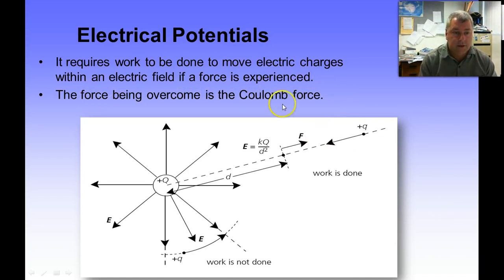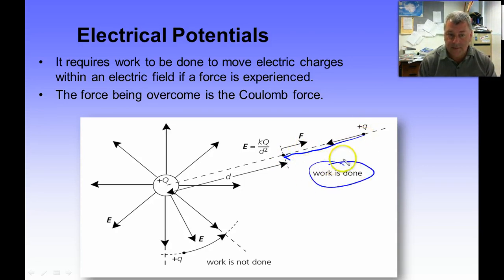So what we have here in this diagram, let's see if I can get my pen up. There we go. What color are we? Blue. We have a charge here which is positive and it's generating the electric field. We have another little charge here which is also positive, and if we move it from there to there, we're actually doing work.